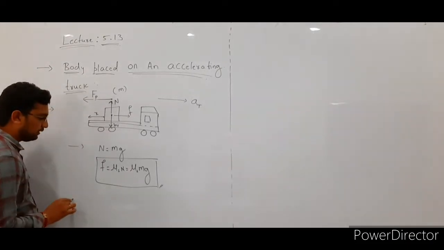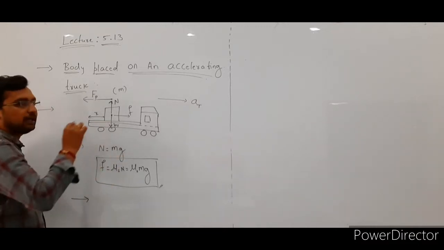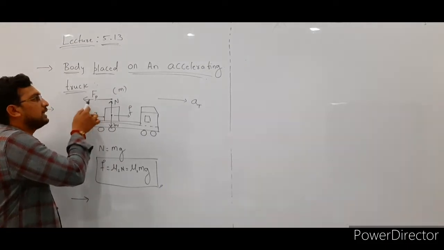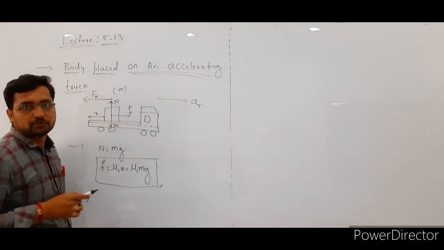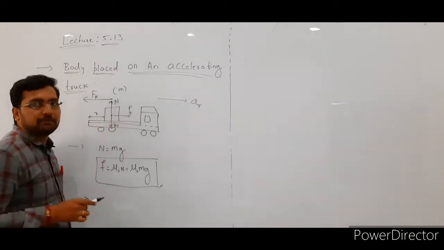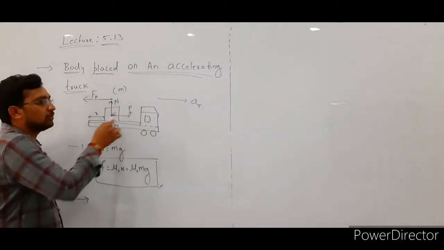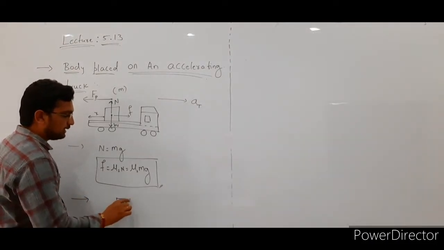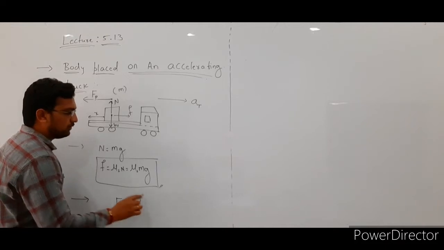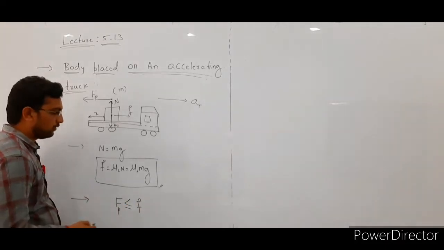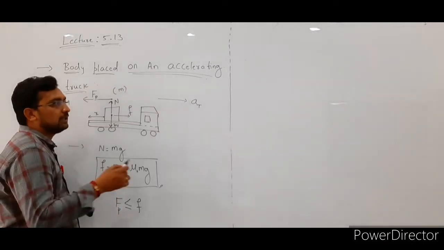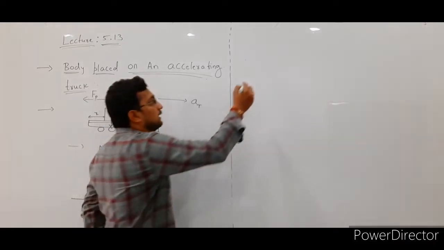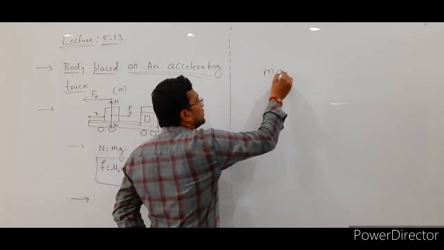If the system is under equilibrium, then the pseudo force is less than or equal to the friction force. Here the pseudo force is nothing but mass into acceleration of the truck.